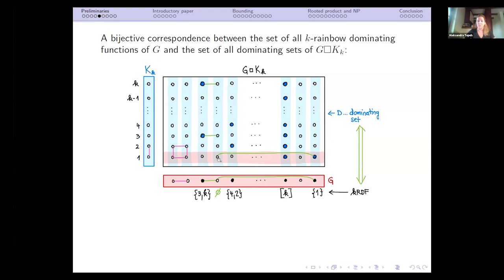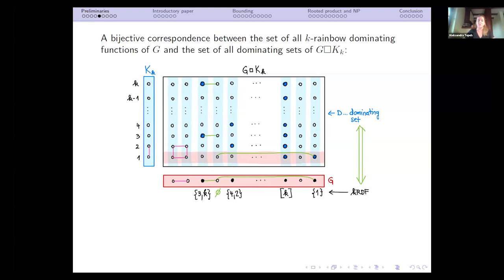But this means that these vertices need to be dominated within G layers, right? So this vertex is dominated by this vertex, and this automatically means that one will be in the neighborhood of this vertex labeled with the empty set, and this must hold for every vertex in this K_K layer. So you can see now that this really is a K-rainbow dominating function, yeah?